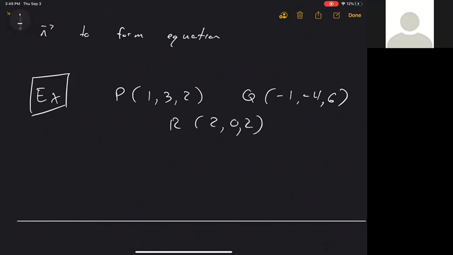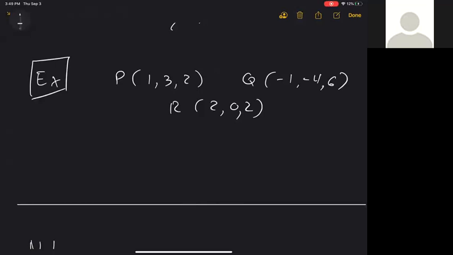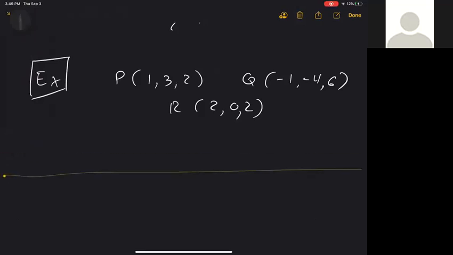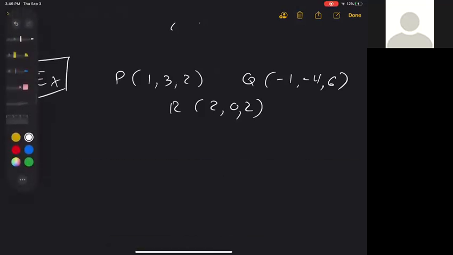How about that? Okay. So my plane contains these 3 points. Let's find the equation of the plane. So first thing I need to do is find my normal vector.